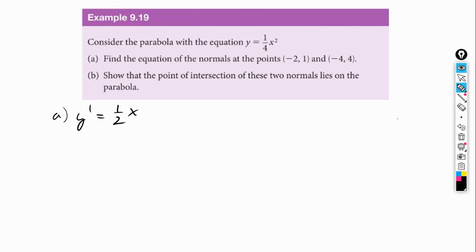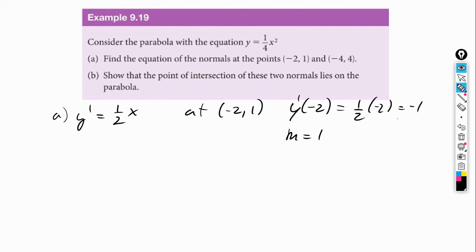Okay, so at the point (-2, 1), the slope of the tangent would be equal to plugging -2 into the derivative, and that's going to be 1/2 times -2, which is -1. That means that the slope of the normal is going to equal 1.